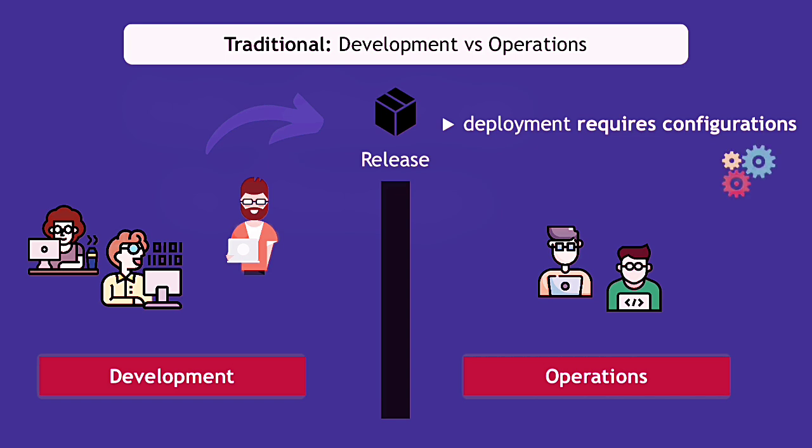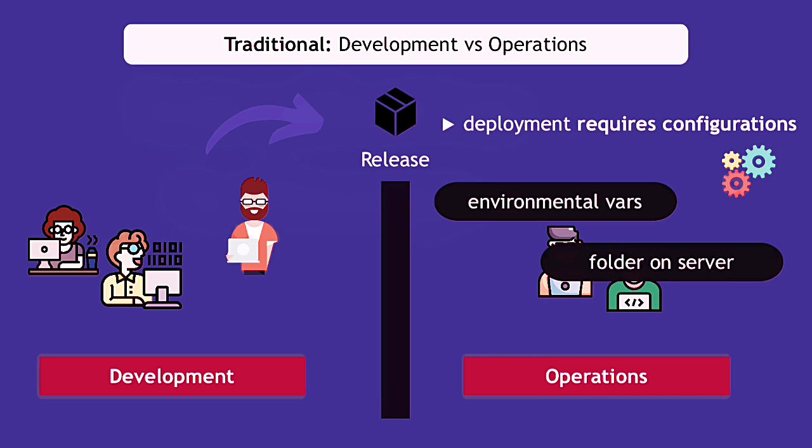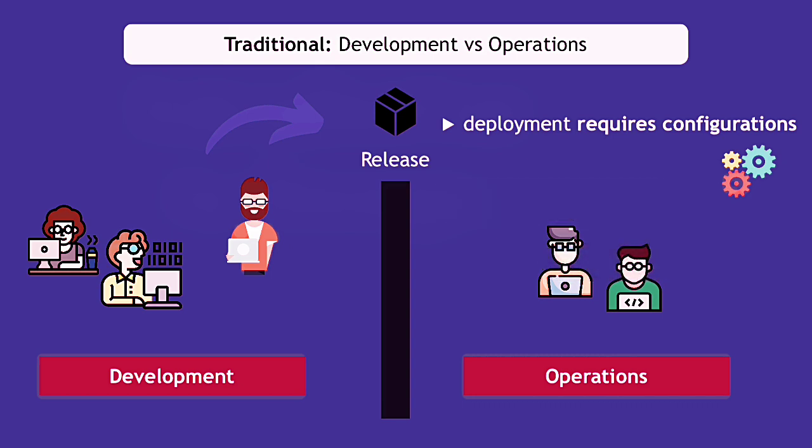For example, it needs some environment variables, it needs a space or a folder on the system to log to. It could be any type of configuration that the application needs, or it may need a database, for example, with a certain configuration. So whatever it is, the operations team has to prepare the server and the environment where the application runs before deploying that application.